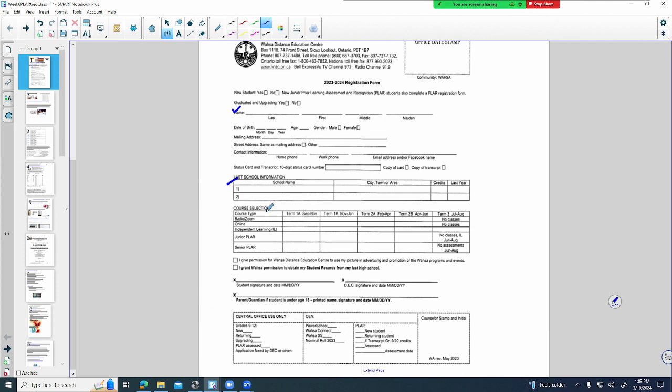If you're applying for PLAR, that means you do not have 16 grade 9, 10 credits. For example, if you only have 10 grade 9, 10 credits, then you will need 6 more, and Junior PLAR will provide those last 6 equivalent credits. The rest is for our office use only.